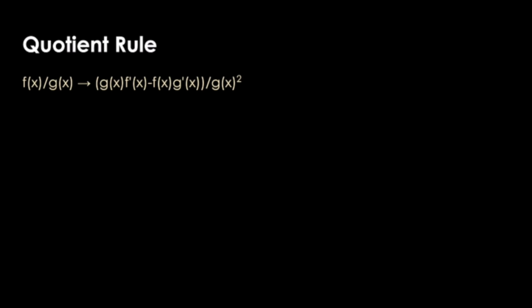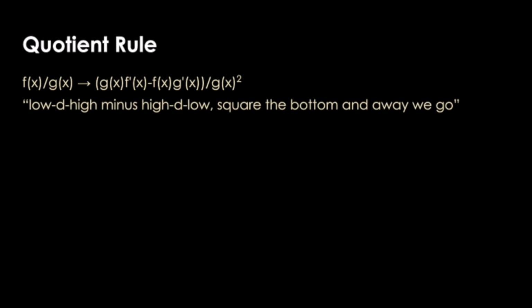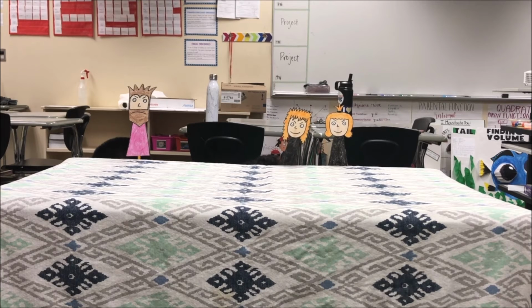This will be your new numerator. Now square the denominator. This will be your new denominator. One way to remember this is low d high minus high d low, square the bottom, and away we go. Where low is the denominator, high is the numerator, and d means derivative of. Now, do this problem and your fate will be revealed.